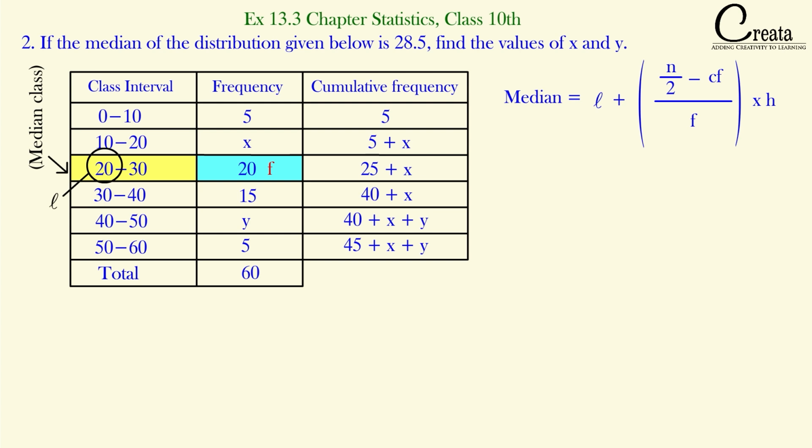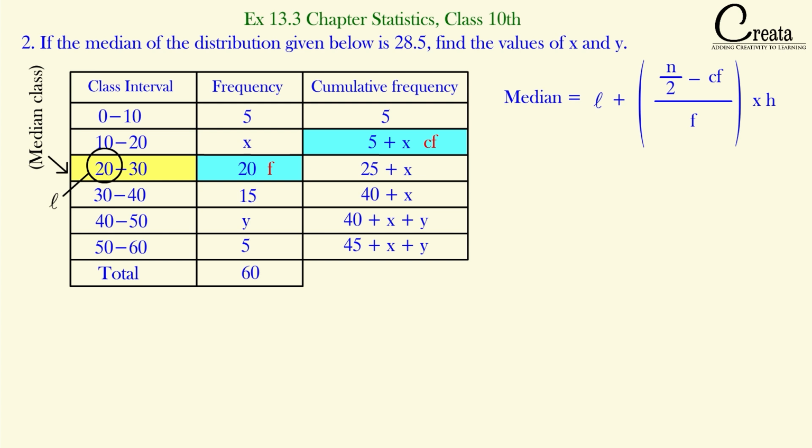CF is the cumulative frequency of the class preceding the median class, or the class before the median class. And this is the median class, so CF will be the cumulative frequency before the median class frequency. We got CF as 5 plus x.